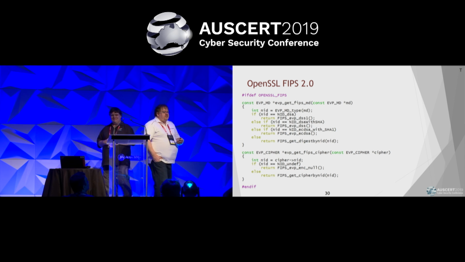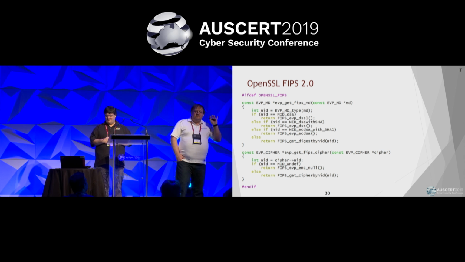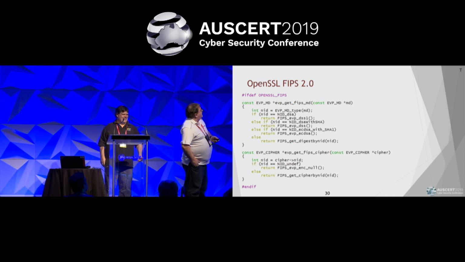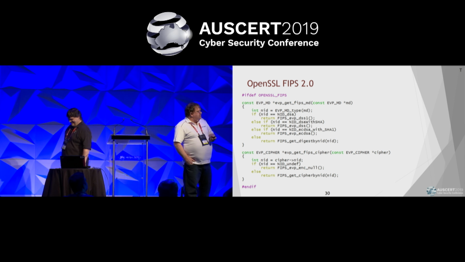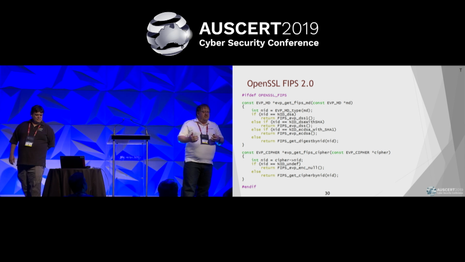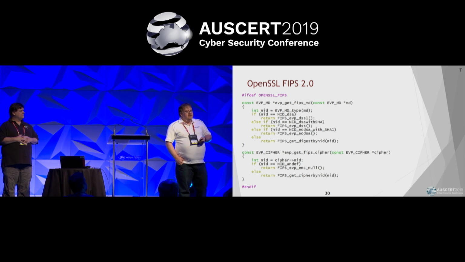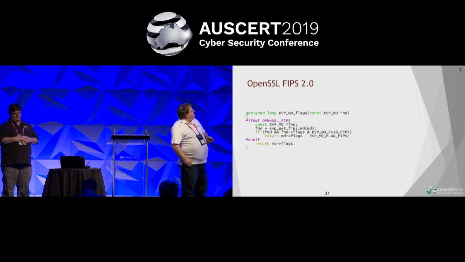So, this is meant to be a technical presentation which obligates us to show code. I believe that's the requirement of the AusCERT program committee. One of the things we did recently, we got together as a group to wander through, in essence, the mistakes of the past. That's what I like to refer to them as: what did we do to get where we were? We had a look and basically said, how does all the FIPS code work?